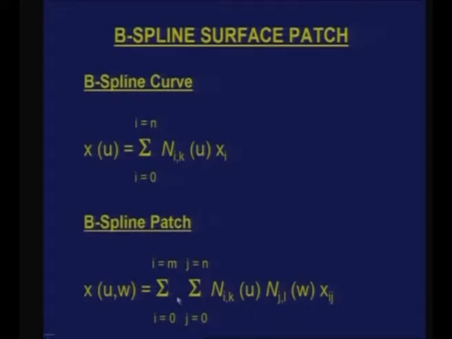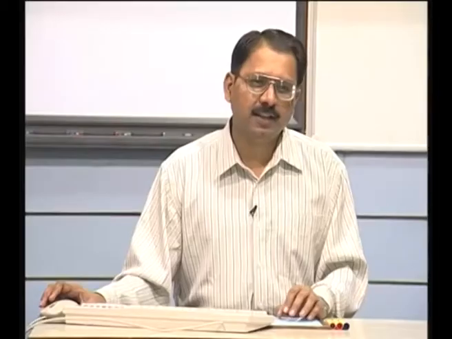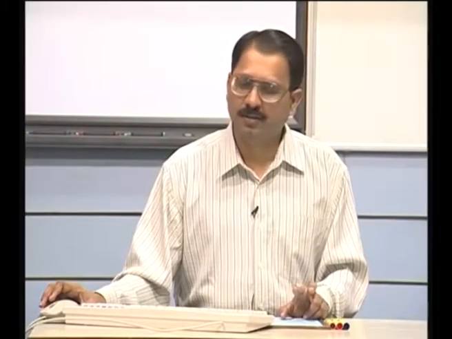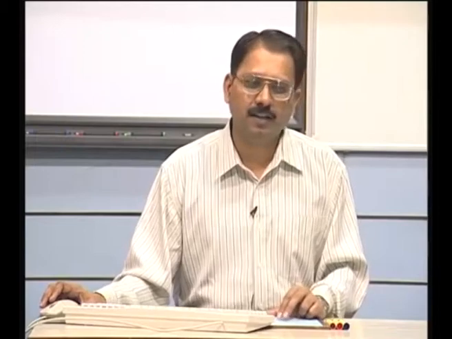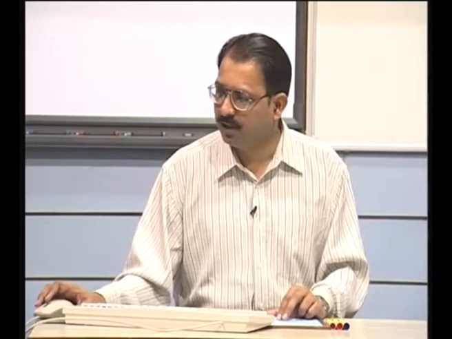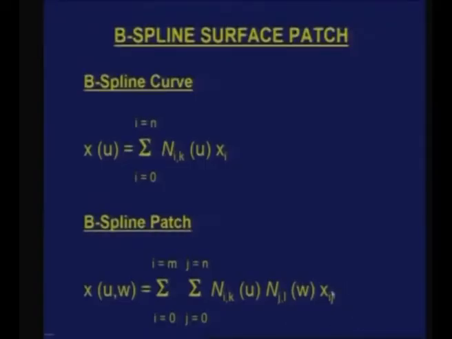It is (m plus 1) into (n plus 1) control points, their x, y, z values. Other than that, I have to supply two values, k and L, which will define the order we are using, and I have x_ij, which is basically a matrix of points which are defined in this manner.